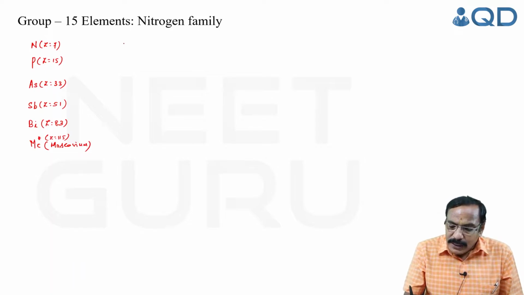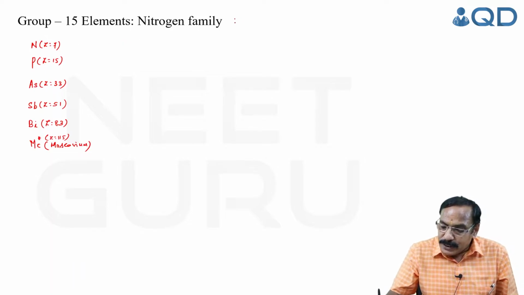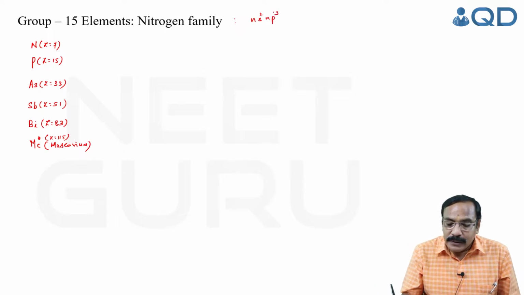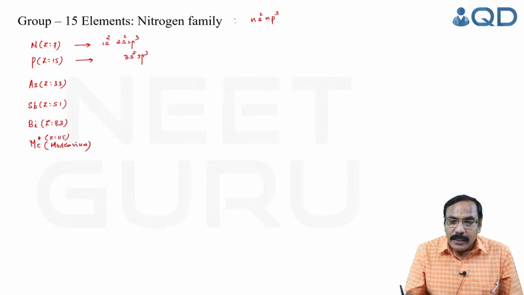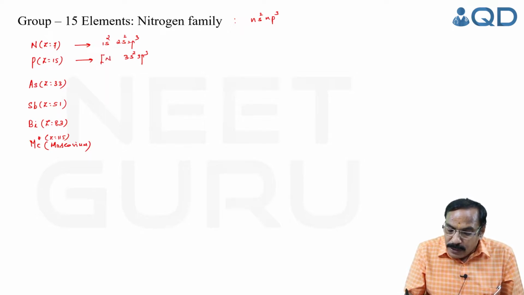All these elements have the configuration ns2np3. For example, nitrogen has the configuration 1s2, 2s2, 2p3. Phosphorus is 3s2, 3p3 with an inner core of neon.